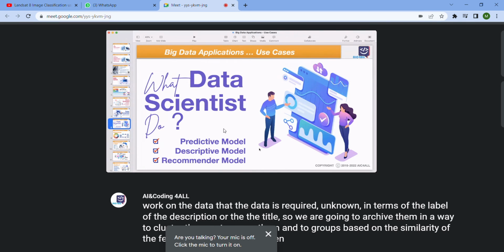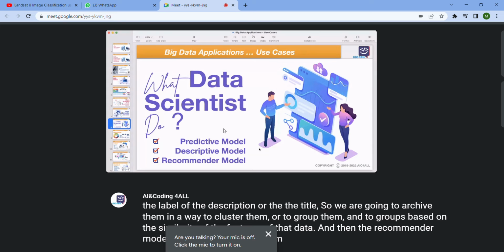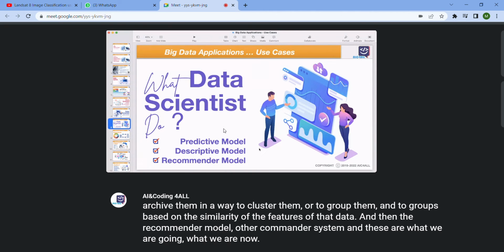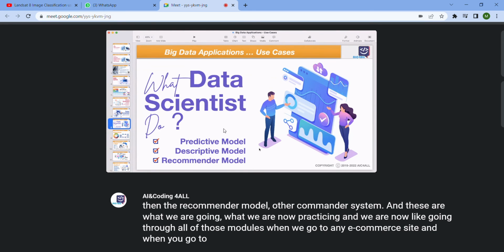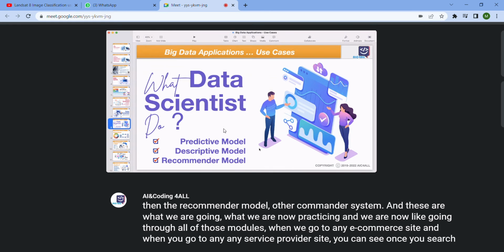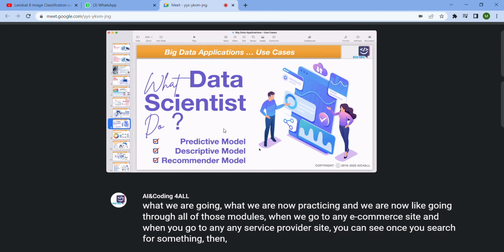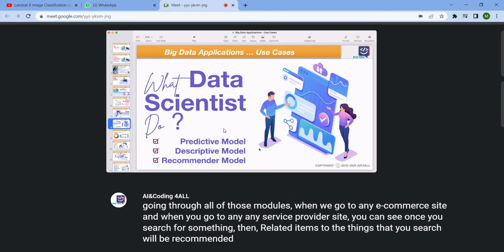And then the recommender model, or the recommender system, which is what we are practicing now when we go to any e-commerce site or any service provider site. Once you search for something, related items will be recommended to you.